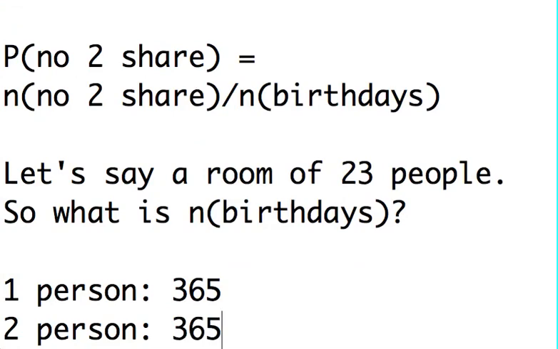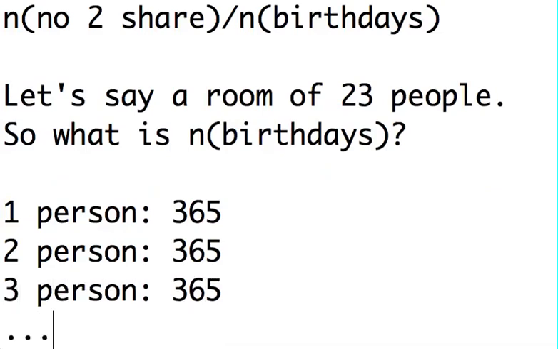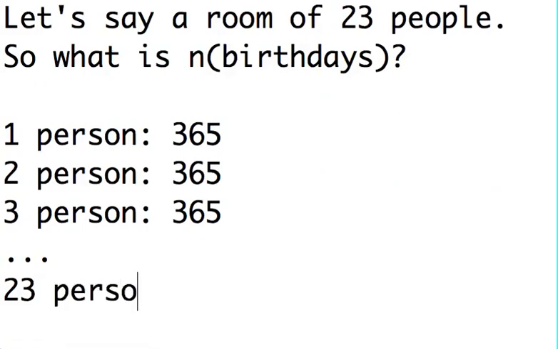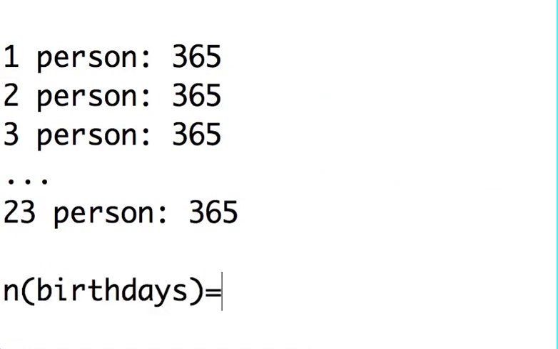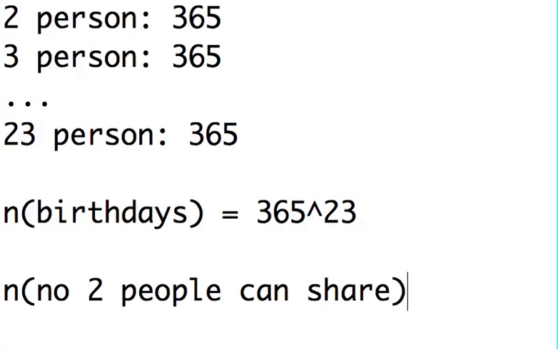It's totally possible that they could have the same birthday. They might not. The third person also has 365 days they could have been born, all the way down to the 23rd person, who could have 365 birthdays. So the number of ways that we can just distribute birthdays is 365 times itself 23 times. That's a big number.